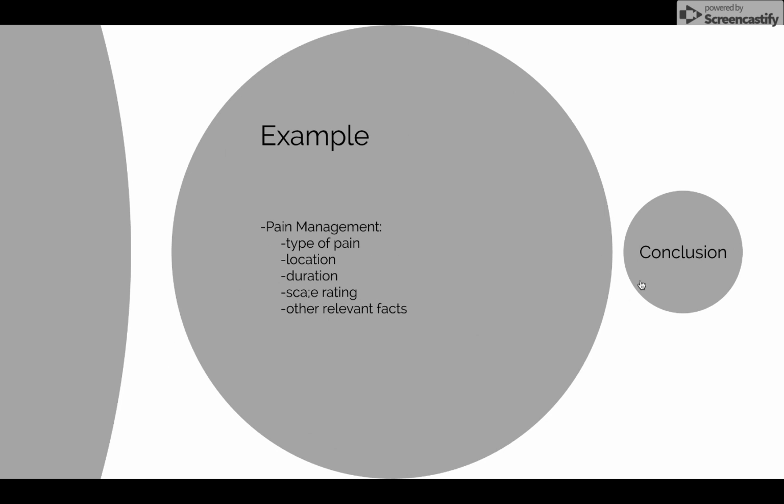And also you map things that go together. So for pain management, you would map the type of pain, the location, the duration, the scale. And there's a spelling error there. And any other relevant facts. This is to get all these things to pull together. So when you do this data pull, all these things pull because you will need them all to use for any data.